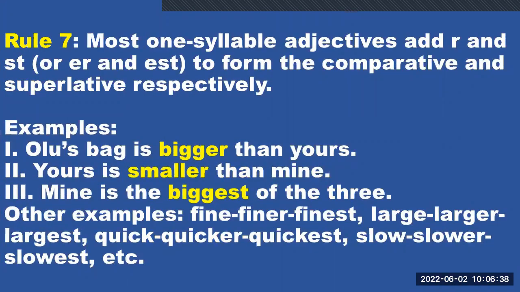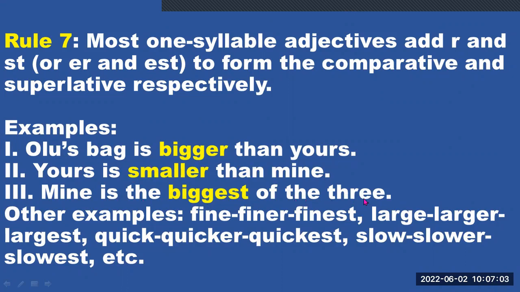Then rule number 7: most one-syllable adjectives add R and ST or ER and EST to form the comparative and superlative forms respectively. For example, Olu's bag is bigger than yours. All right. Yours is smaller than mine.